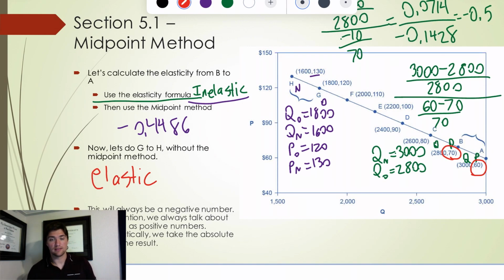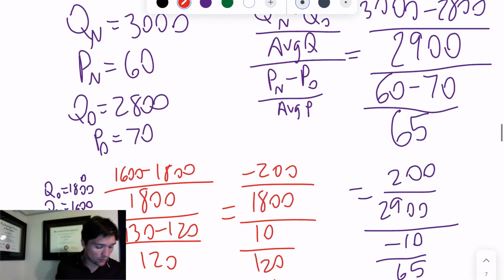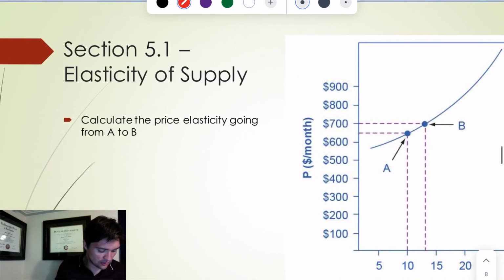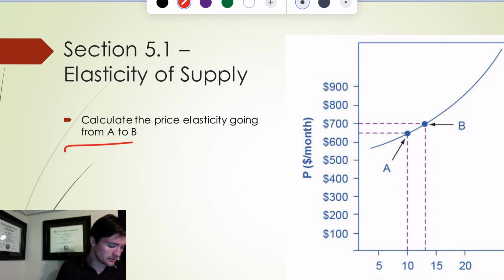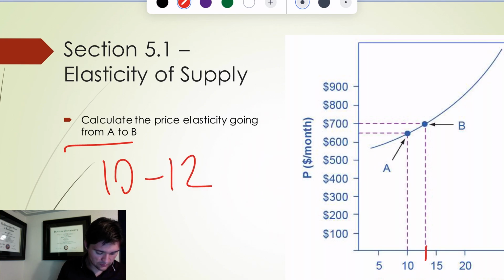To do price elasticity of supply, all we would do is the same thing, but now we would get a positive number. So that makes it a little bit easier. If we did from A to B, you would do the quantity, which is 10 minus, let's say it's 12. If you disagree, that's fine.